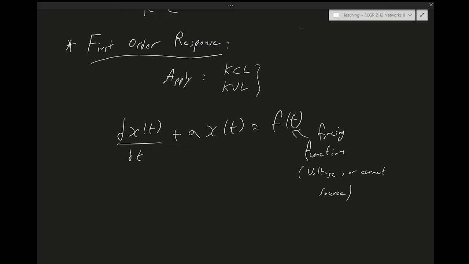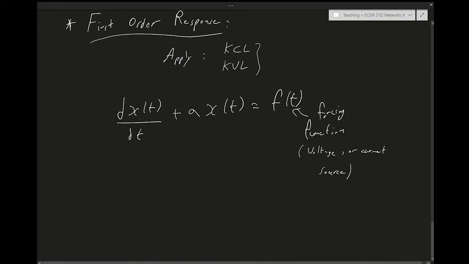equation in general. And from your study of differential equations, you know that any differential equation, any ODE, will have a general solution that's constructed from the composition of two solutions. It will be constructed from what's called the natural response.